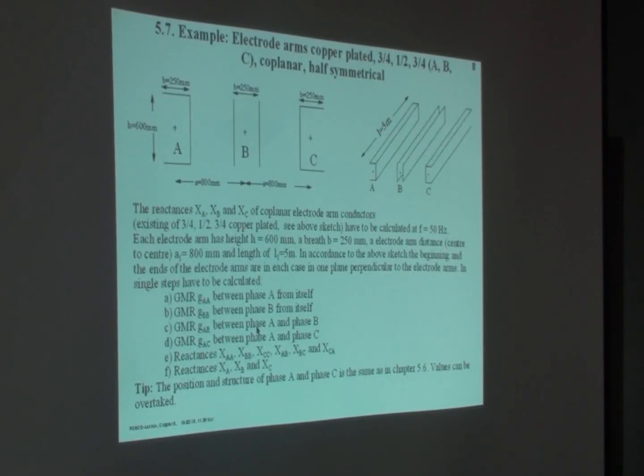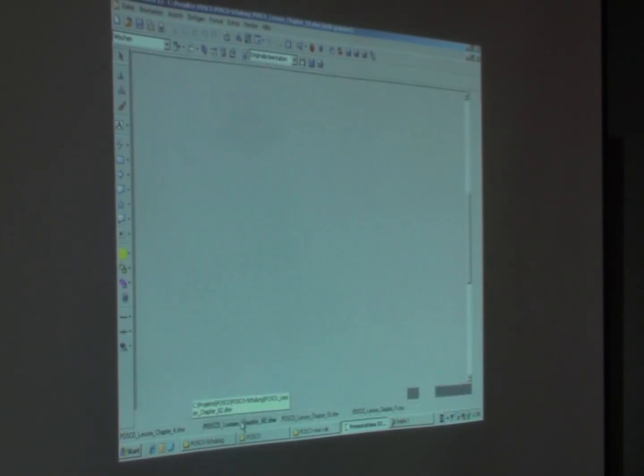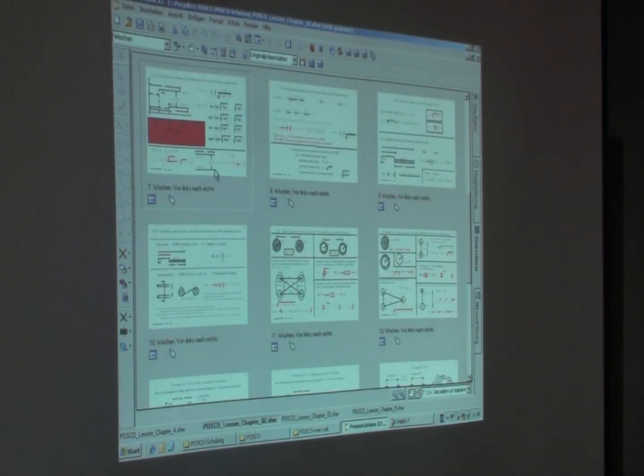The phases are different now. What to do then? Here are the electrodes, and here are flexible cables. And what to do then? We have discussed until this, but we have to go to chapter 2.